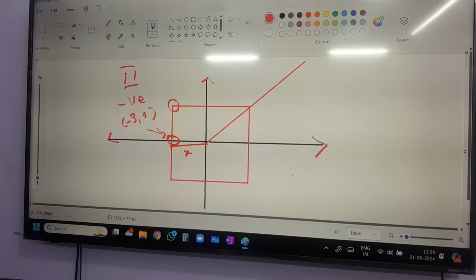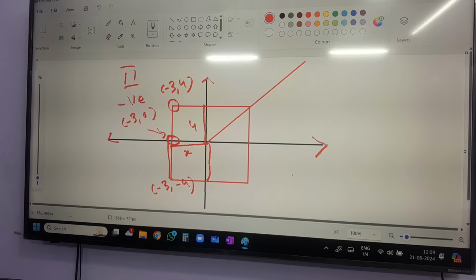Let's take the y distance as 4 here. So this point will be (-3, 4). Now, what about this point? If it is equidistant, the y value is the same, so this is also 4. The coordinate of this point will be x equal to -3, y equal to -4.